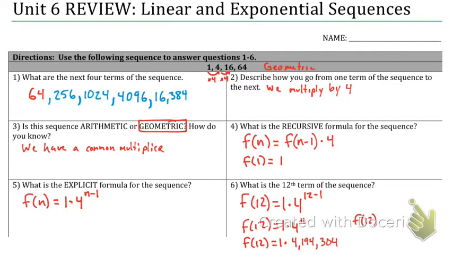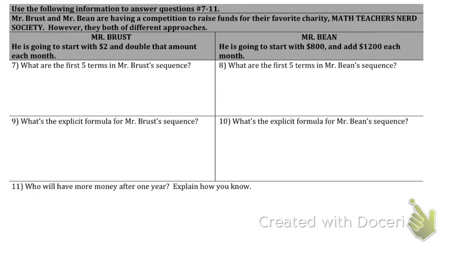Our 12th term is 4,194,304. And that's how you do that section.